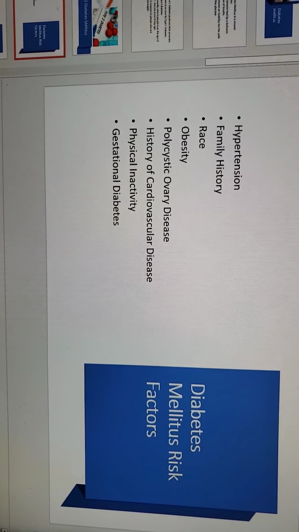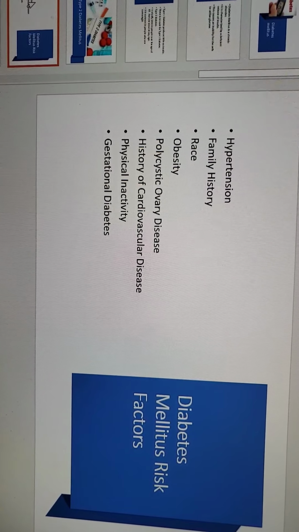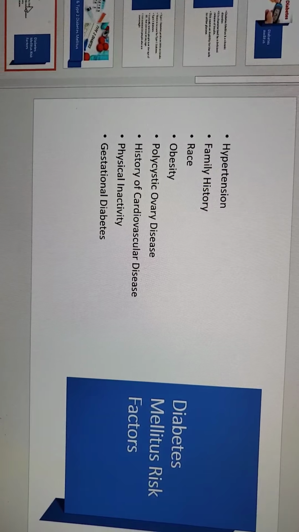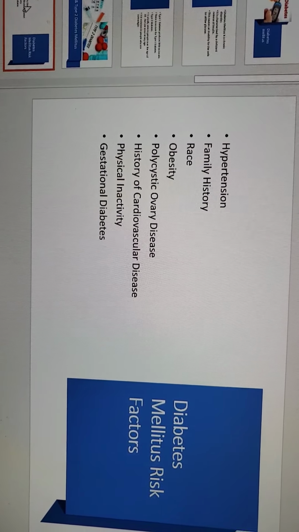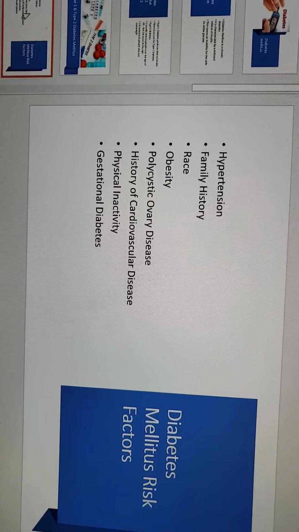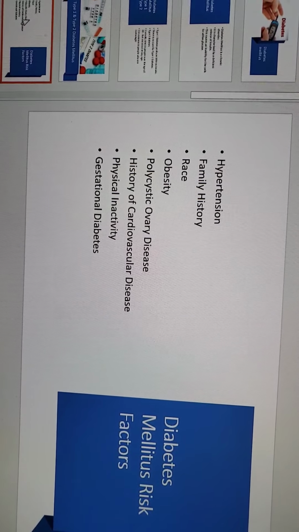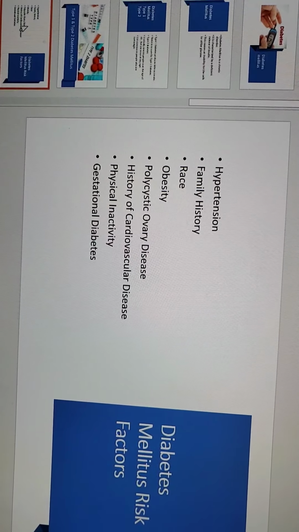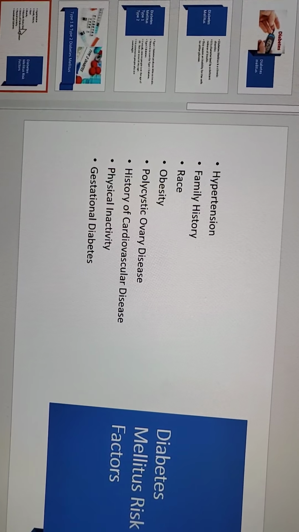Diabetes mellitus risk factors include hypertension, family history, race, obesity, polycystic ovary disease, history of cardiovascular disease, physical inactivity, and gestational diabetes. Type 1 and type 2 diabetes share many risk factors. Women who were diagnosed with gestational diabetes during pregnancy are at risk later in life.